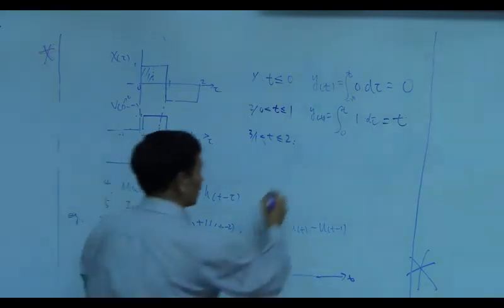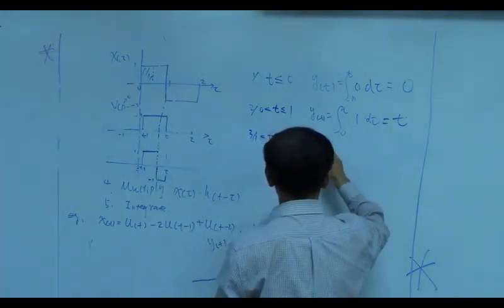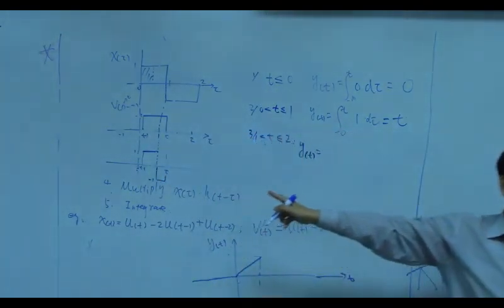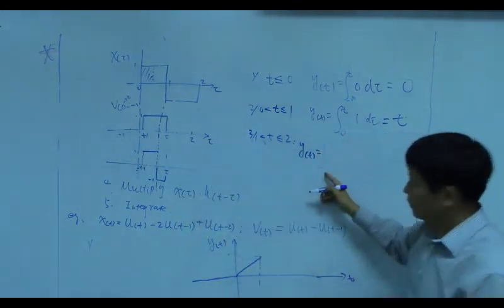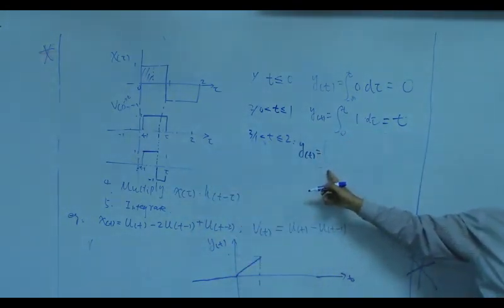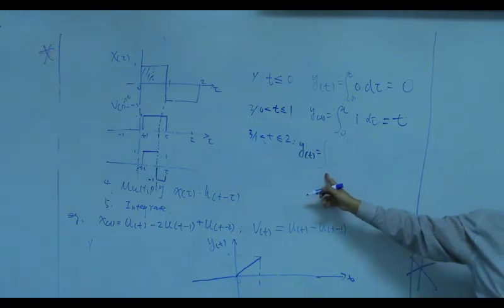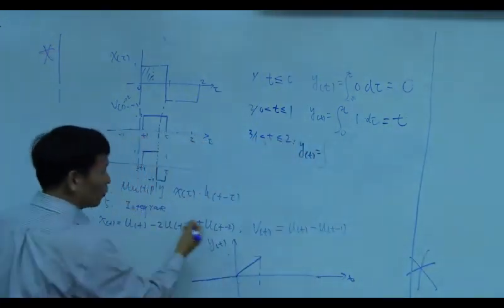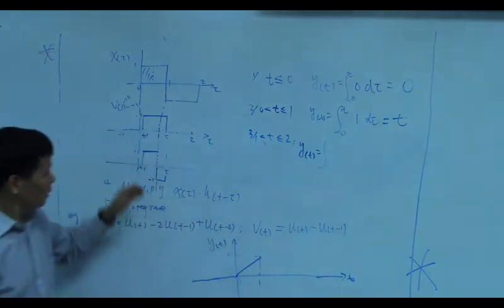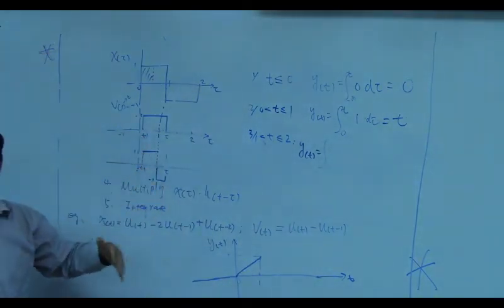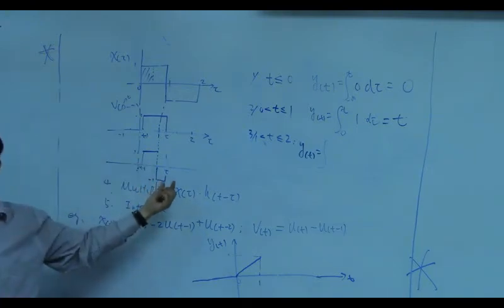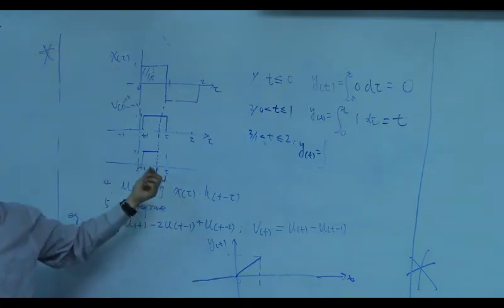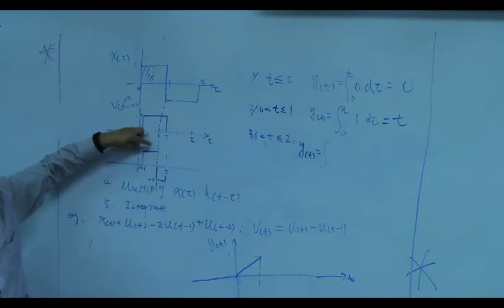Okay. Now, what is y? Do the integration of this product. Theoretically, from negative infinity. We don't need to start from there, right? Because all other parts equal 0. Because we have 1 and negative 1, we need to separate these two parts. So we have integration of this part, then integration of this part. Now the first part.